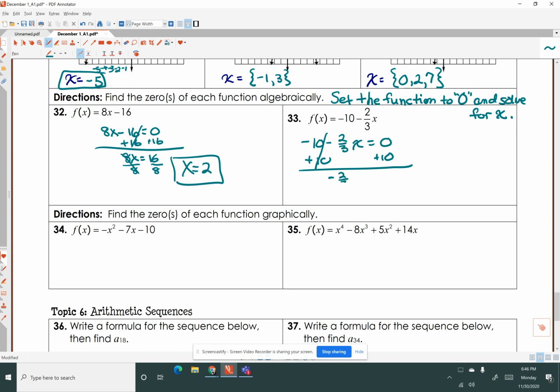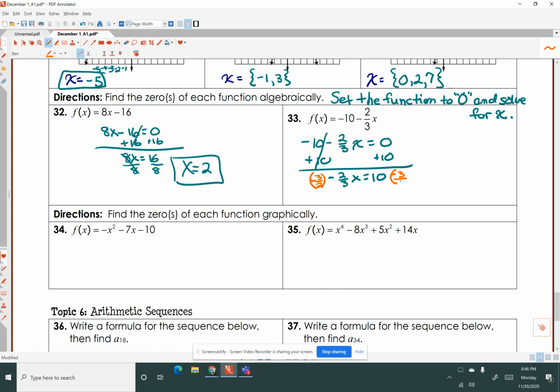Negative 2/3 x equals 10. And we can either multiply by the reciprocal, or we can make it into two steps by multiplying both sides by 3 and then dividing by 2. I'll just multiply by the reciprocal. We have to include the negative sign. Negative 3 over 2.